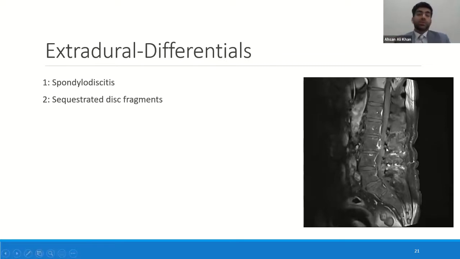If you look without going through the clinical exam and background, and usually because we don't do contrast enhanced studies for degenerative spine disease, we can get confused, or sometimes think, oh, maybe it's a tumor. But that's why the T1 contrast enhanced study is very good to show us how to differentiate between a sequestrated disc fragment and extradural tumors.